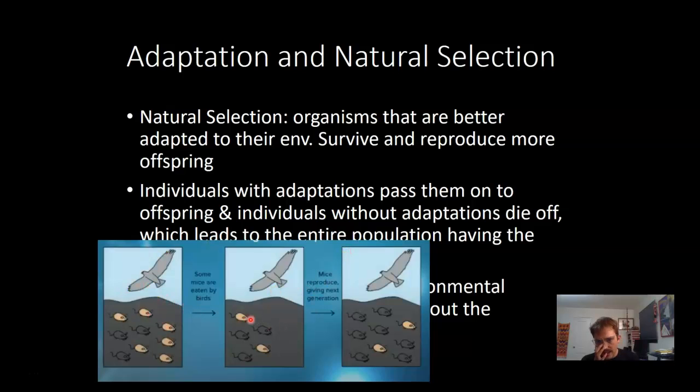And these white mice are more likely to get eaten by the birds. So over many generations, the mice are becoming more black over time because they're more camouflaged. So the bird would be the selective force, and this would be natural selection happening over time. So over long periods of time, eventually the genes are changing.